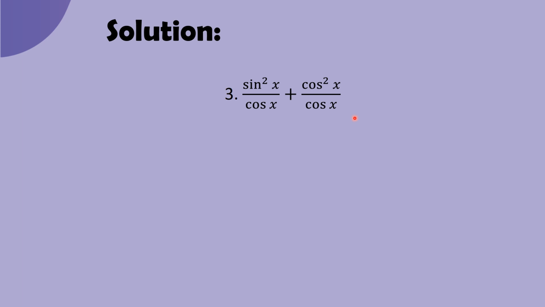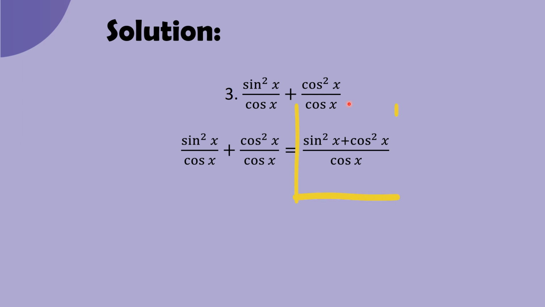Right? Can we do that? Yes, we can do that. Kasi pareho namang cosine x ang denominator. Since parehong cosine x ang denominator, ipag-add na lang natin yung ating numerators. So, we end up with sine squared x plus cosine squared x, ito yun, divided by cosine x.